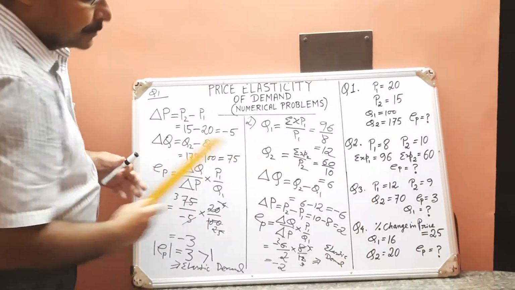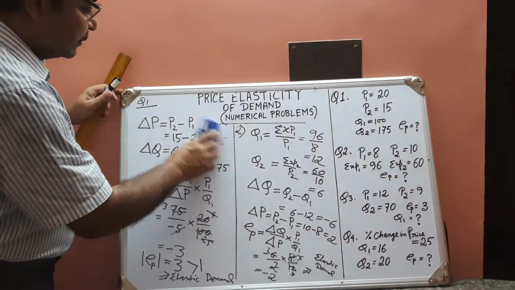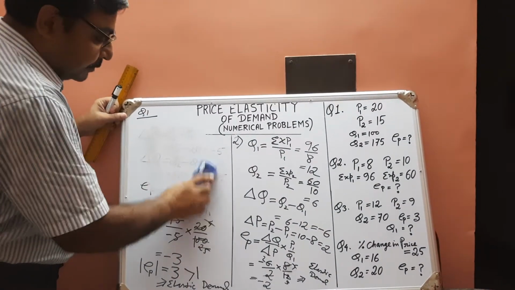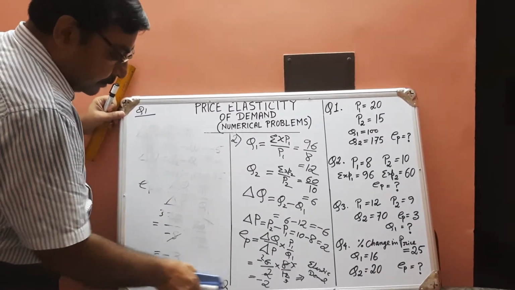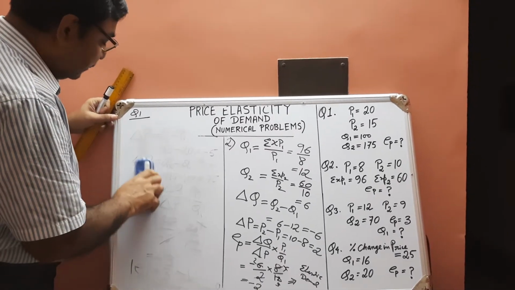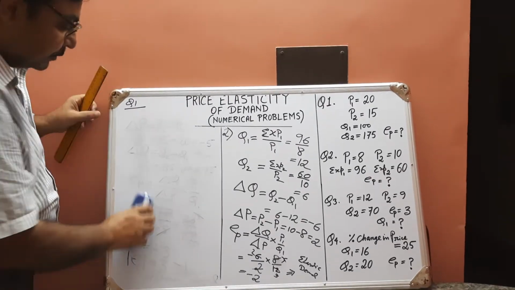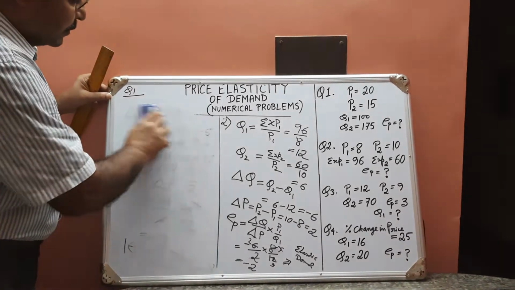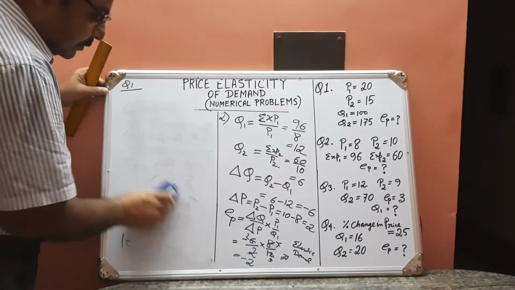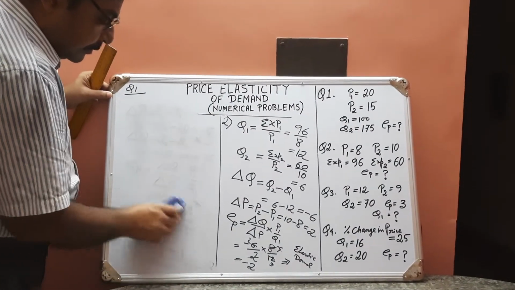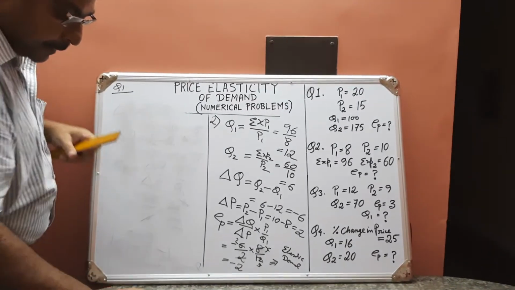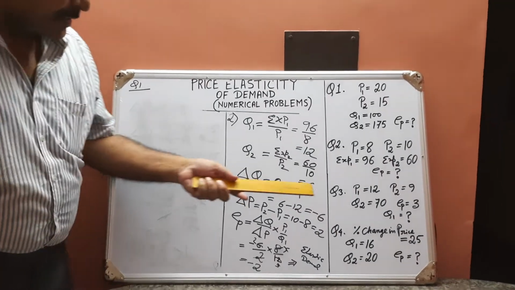Third sum. What is given in the third sum?